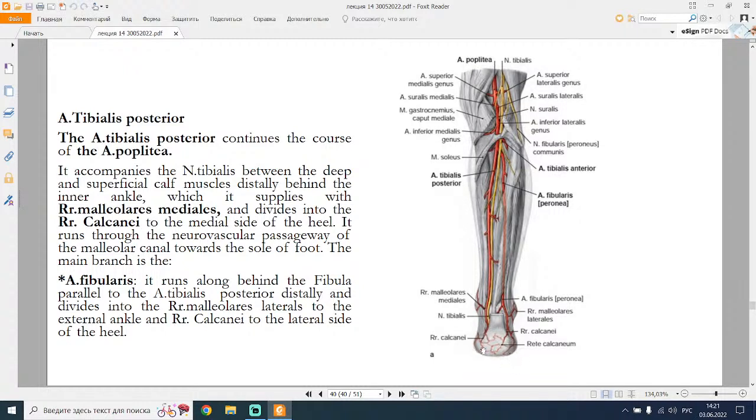The main branch of the arteria tibialis posterior is the arteria fibularis, or arteria peronea.